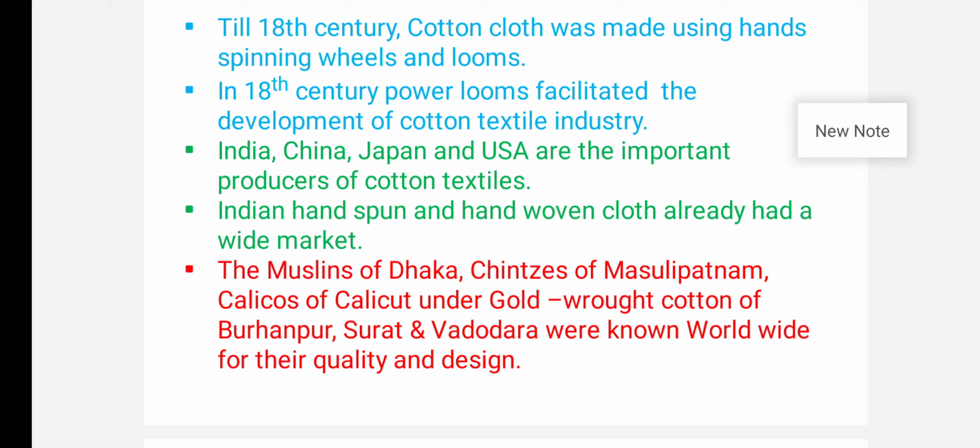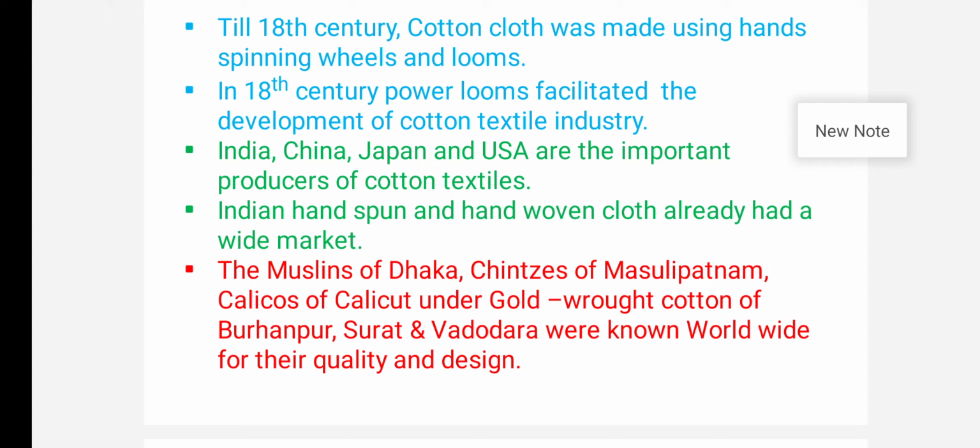Next, India has a glorious tradition of producing excellent quality cotton textiles. India is named for that. For example, before the British rule, India had hand spun khadi. Khadi, you know? Indian hand spun khadi and hand woven cloth already had a wide market.